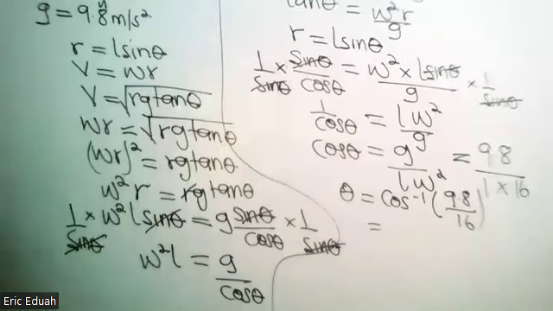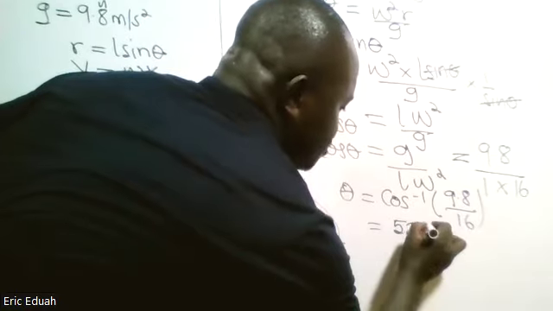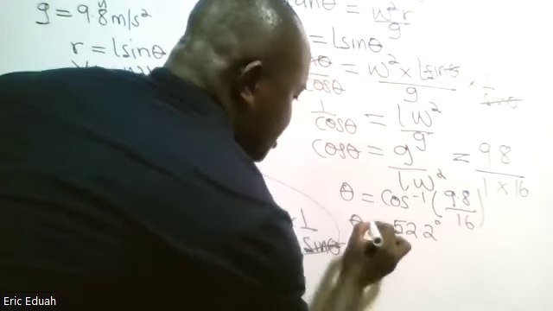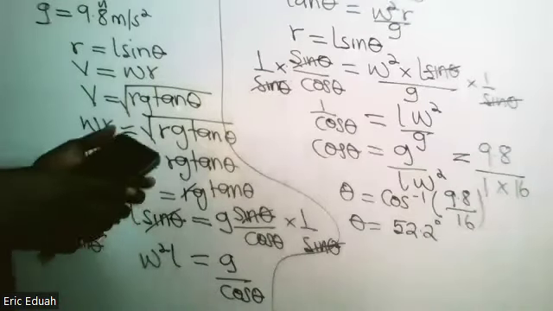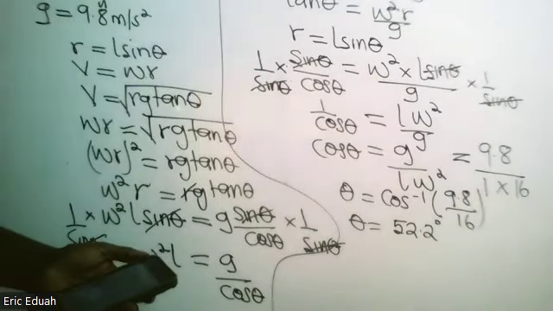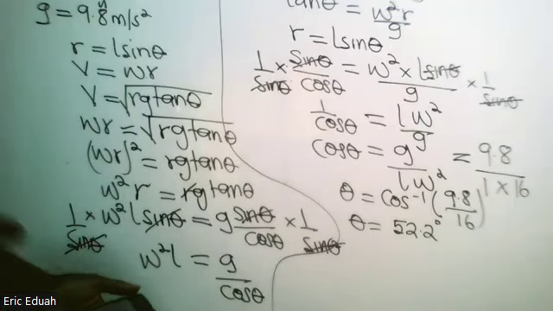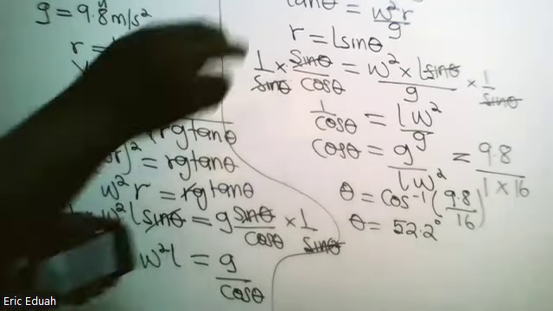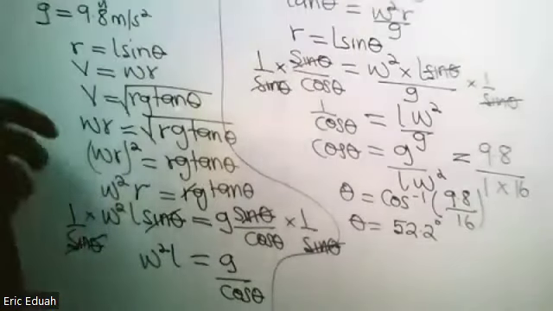52.2. So theta is 52.2. And once you have theta, the next one is to find the tension. So once you have theta, equation 1, equation 2, you are good to go.